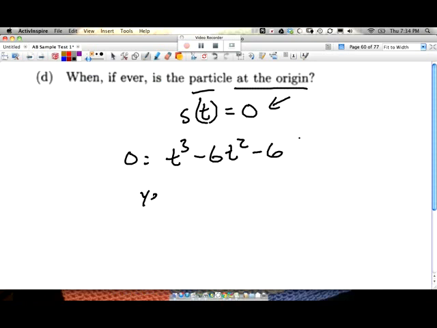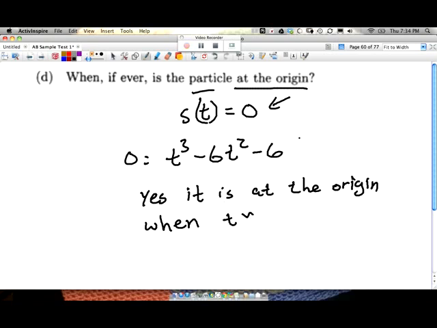So, yes, it is at the origin when t is approximately 6.158. Check. Done. That's it. Okay, moving on.